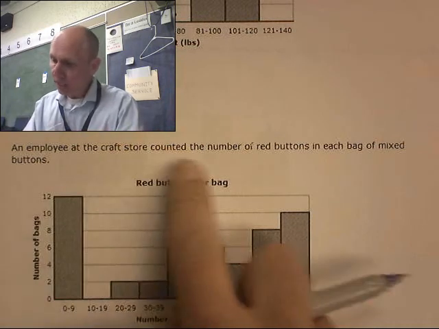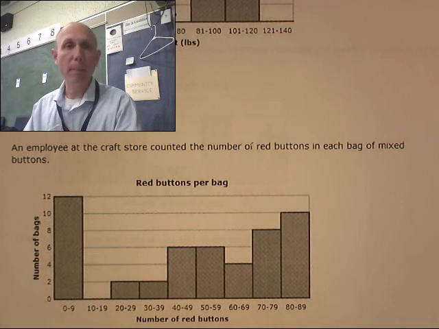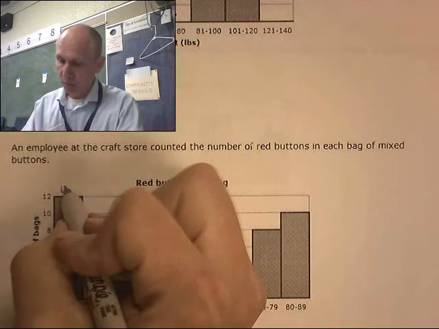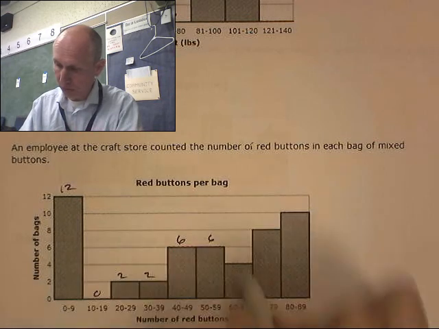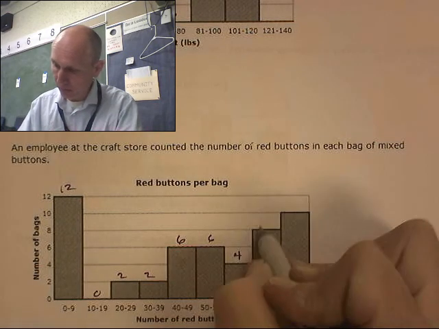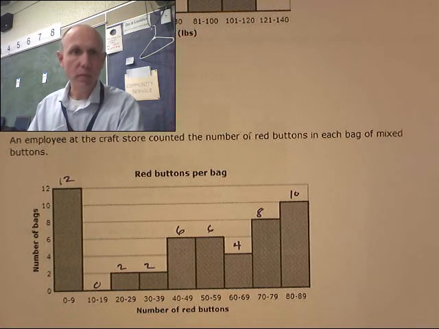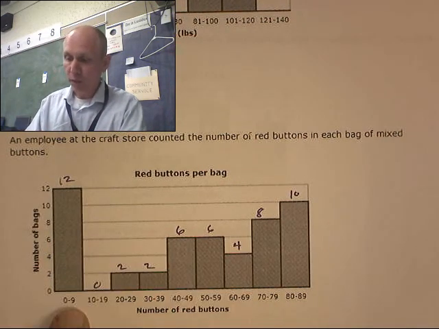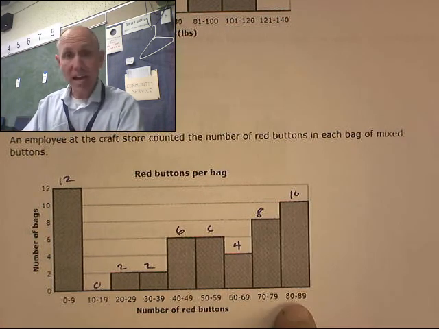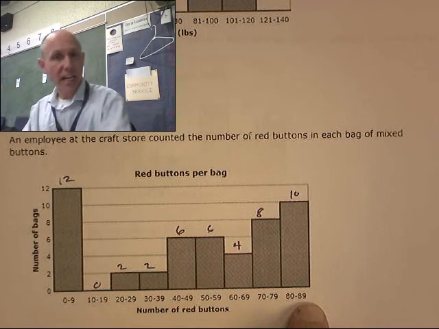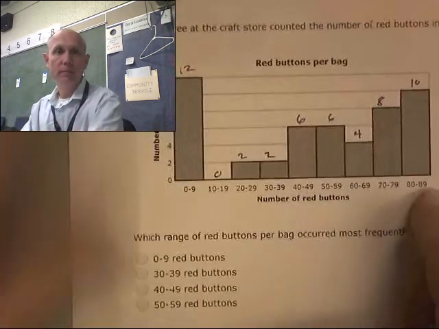An employee at a craft store counted the number of red buttons in each bag of mixed buttons. So we have 12, 0, 2, 2, 6, 6, 4, 8, 10. Okay, so 12 bags had between 0 to 9 red buttons. 10 bags had between 80 and 89 red buttons.